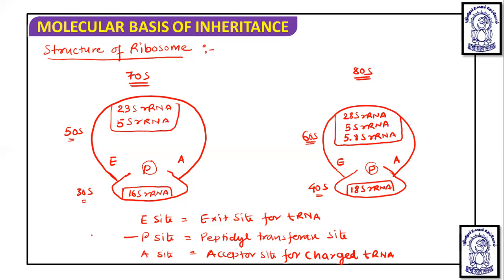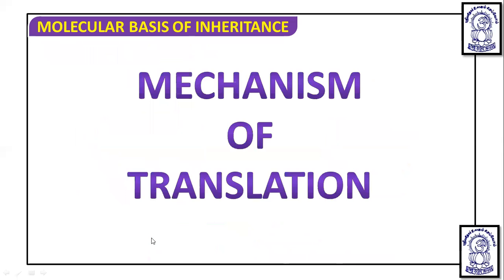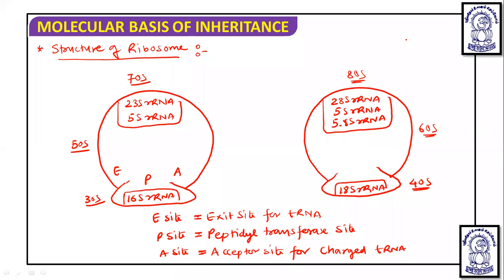And in this, if we talk about the P site, this P site is common for both large and small subunits. So if we talk about the E and A sites, now dear students, the E and A sites are of the large subunit; they are associated with the large subunit.